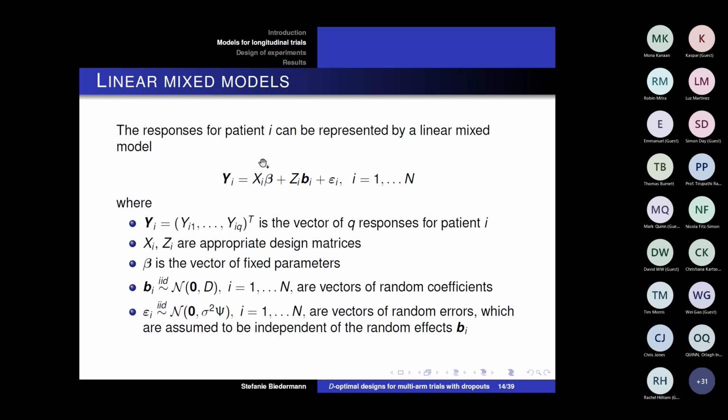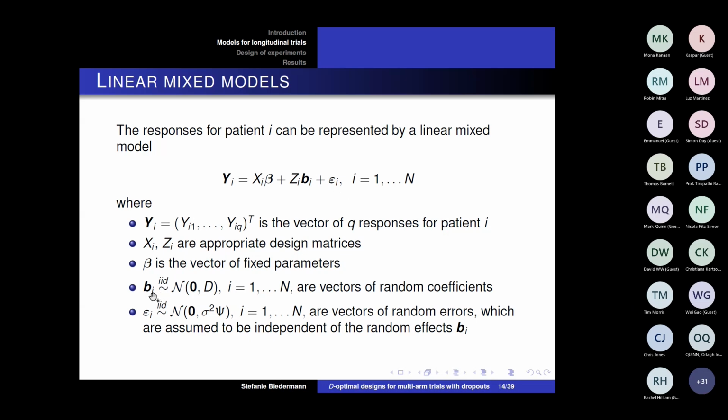Then we've got this fixed-term regression part where X_i is the design matrix for patient i, and beta is the fixed or population parameter that we want to estimate. And then we've got a design for the random part: a design matrix Z_i and the vector of random effects b_i, plus some vector epsilon_i, which is the random error.